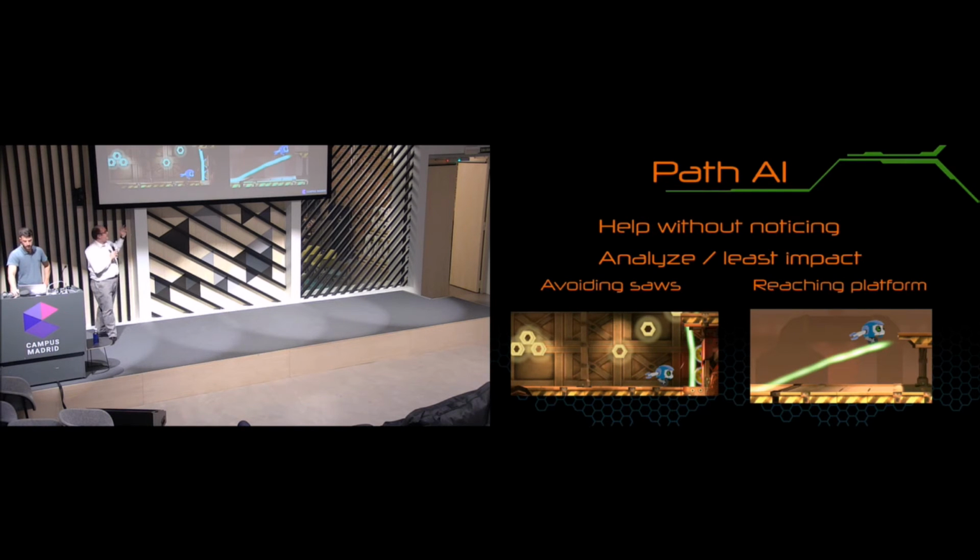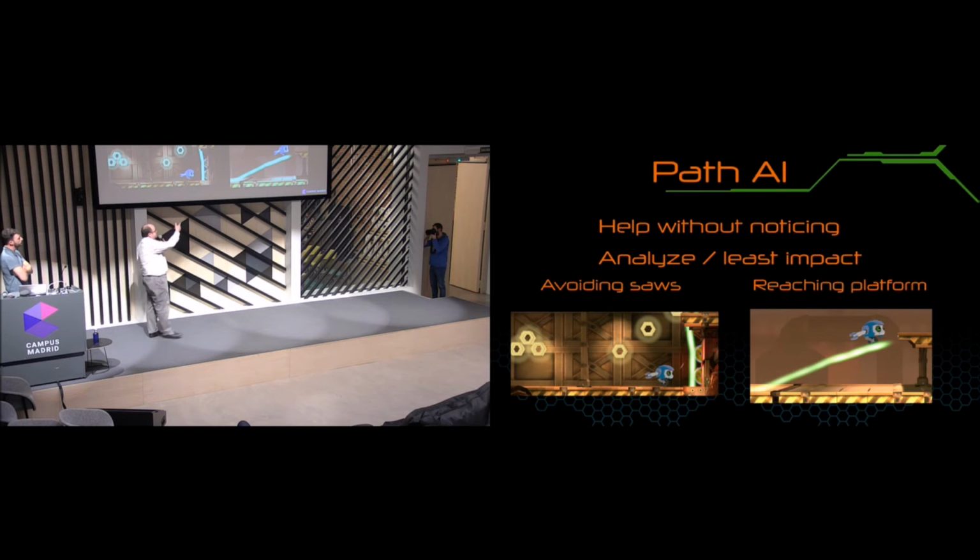The main goal of the artificial intelligence was helping the player to draw without them noticing. To do that, we analyzed the most frustrating cases, and we tried to solve them with the least impact possible. For example, sometimes the player tried to block Bob from a shot, but he drew the path inside the shot, and of course, Bob died.